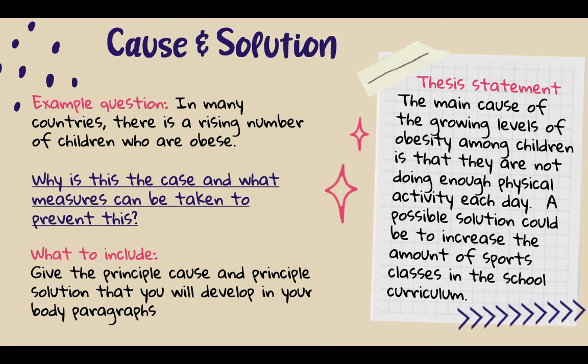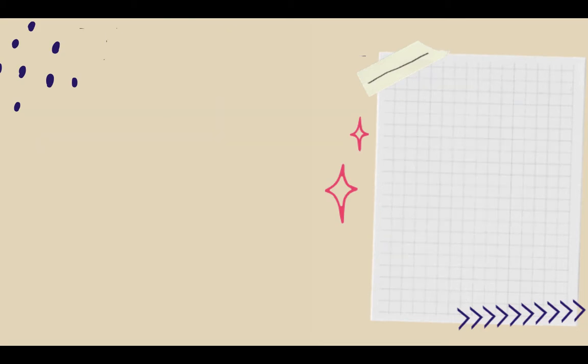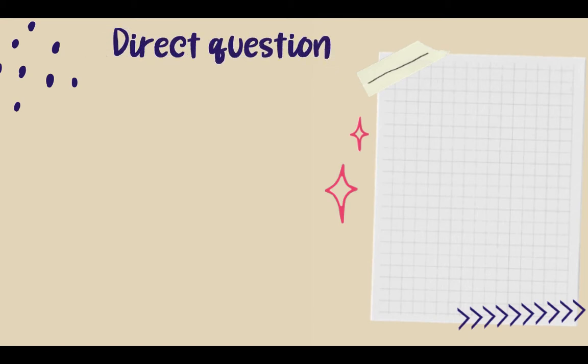There's my solution. Now, let's take a look at the direct question. Now, you remember from our first video, the direct question does not fit into any of the other categories of questions. You have two pretty different questions to answer in this essay.